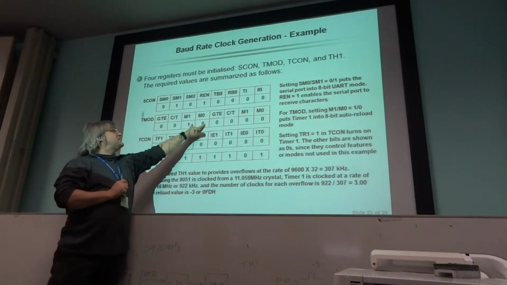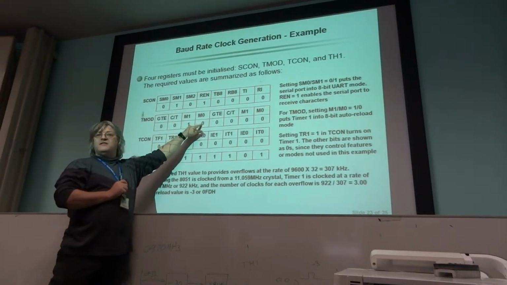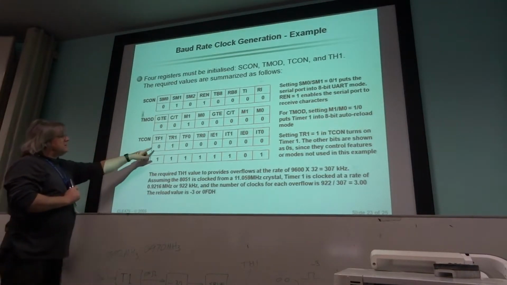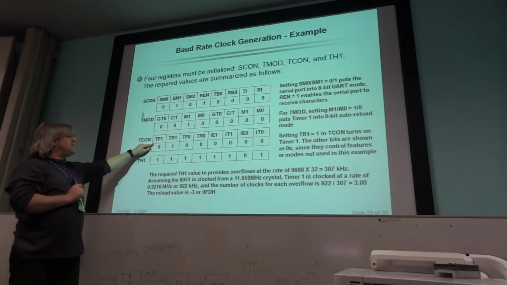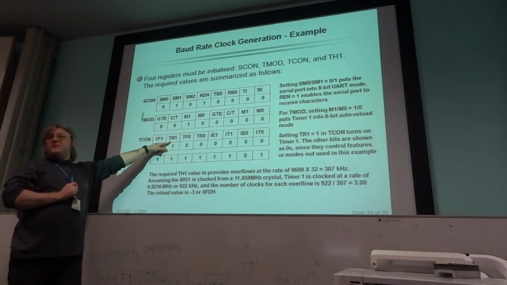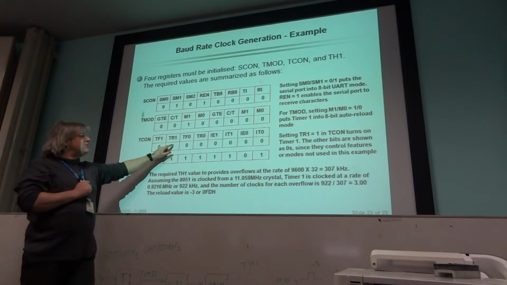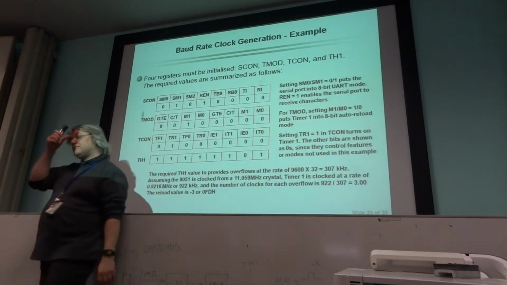And this combination of values is the combination you need to put it in mode 2, which is 8-bit auto reload. The only thing I've done here is switch on timer run 1. Otherwise the timer wouldn't count. So that switches the counter on, and all the rest of it I'm not interested in.